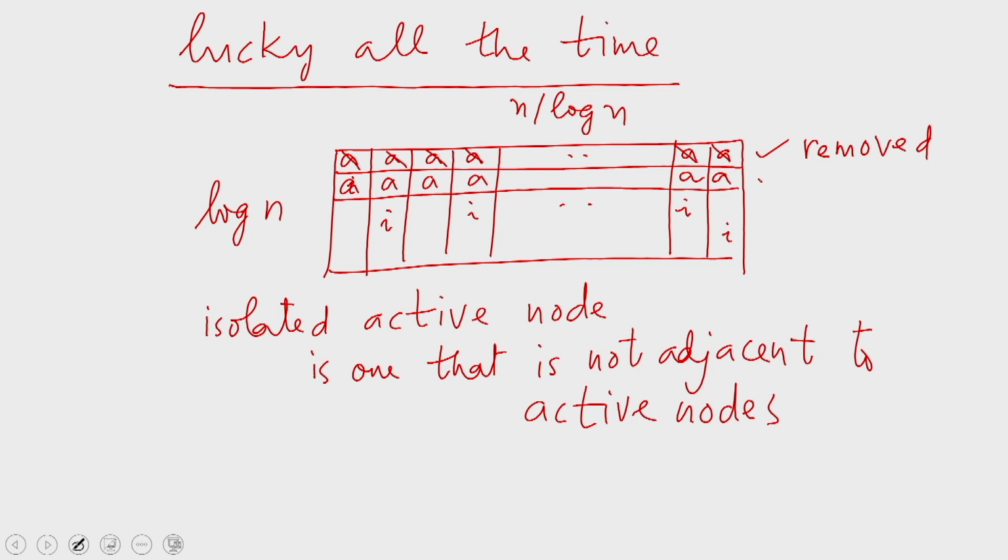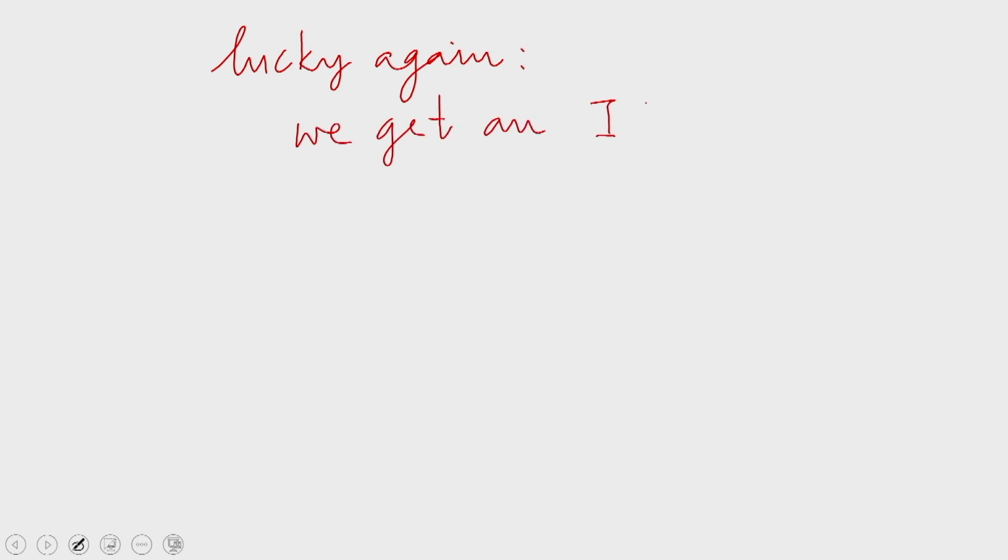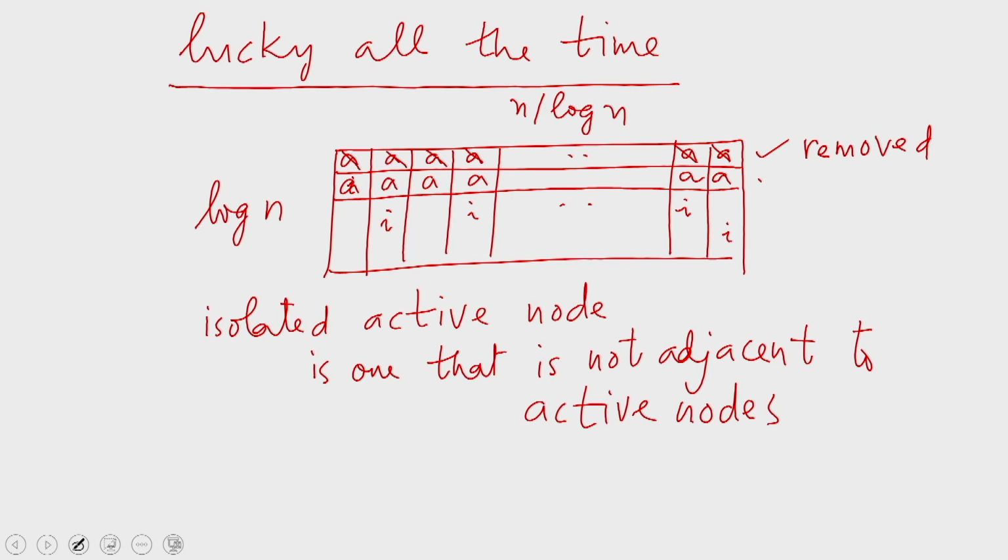Let us say we are lucky again, which means we get an independent set again. Therefore, exactly as in the first step, we can remove these vertices again.